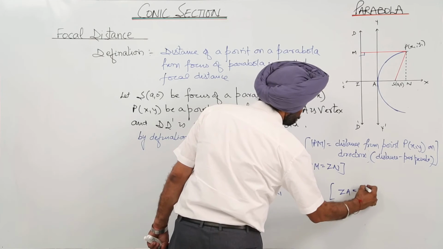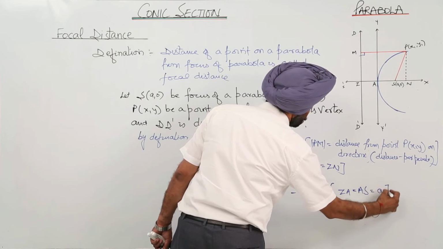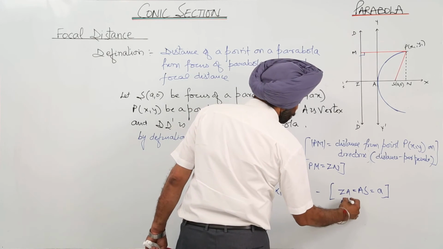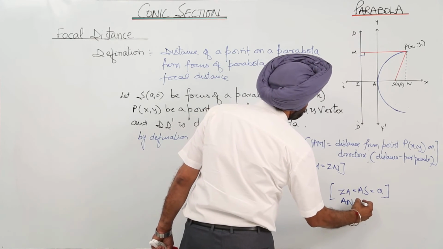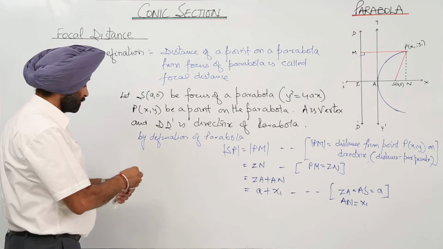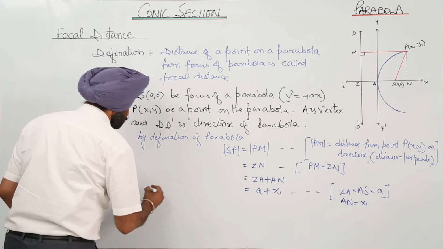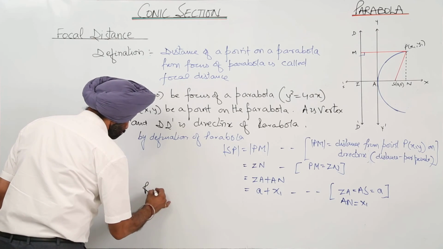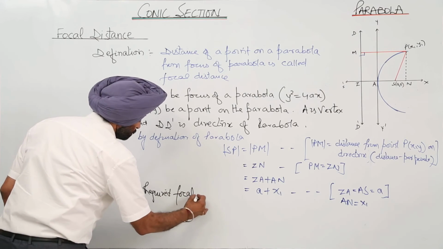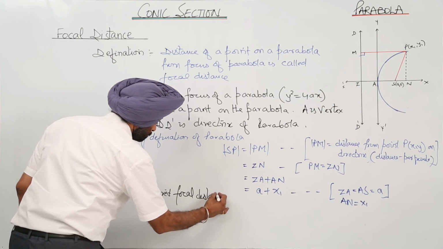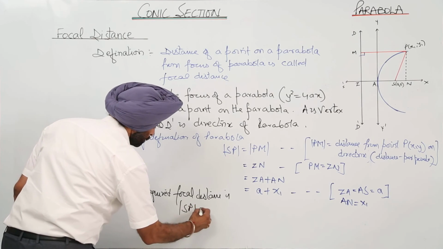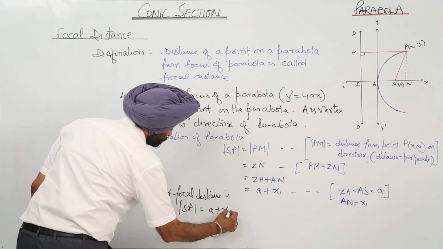ZA is equal to AS is equal to a, and AN is equal to x1. Is it clear? So the required focal distance SP is a plus x1.